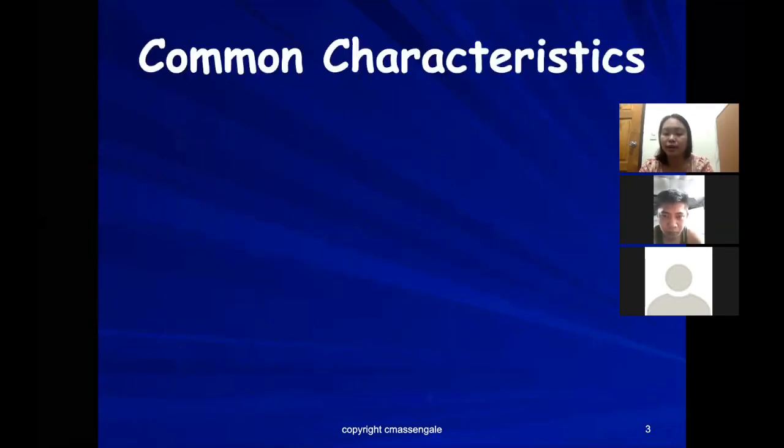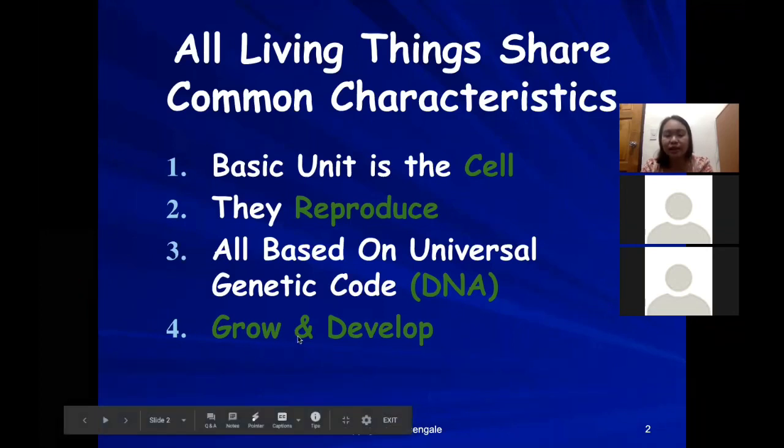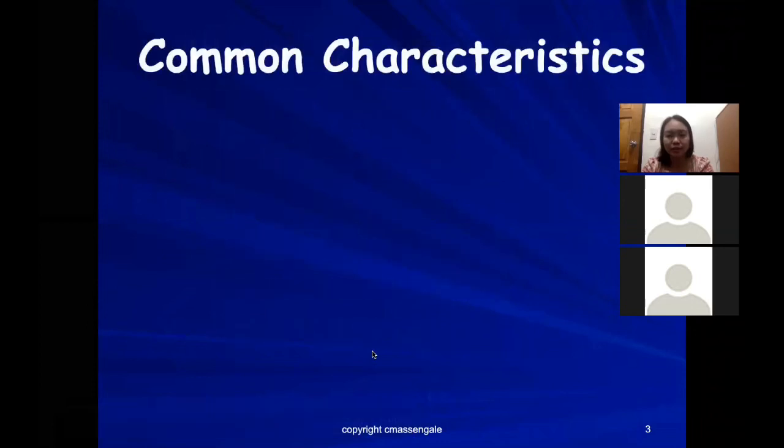That's why we also have reproductive organs, which enable us to reproduce. All based on a universal genetic code, we call it DNA. So all of us have DNA, or deoxyribonucleic acid, which is capable of growth and development, except for genetic problems.